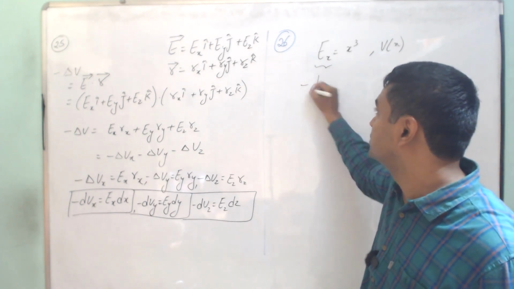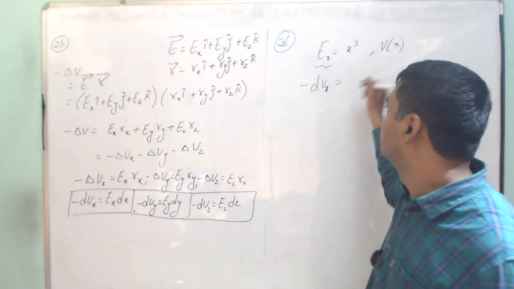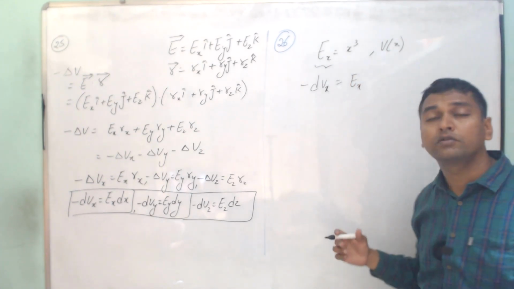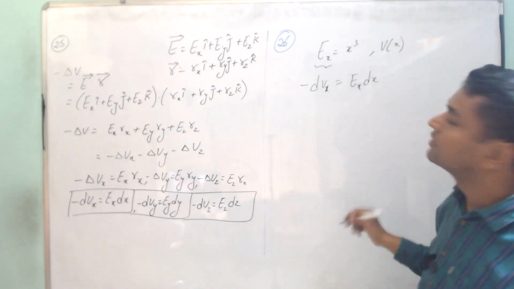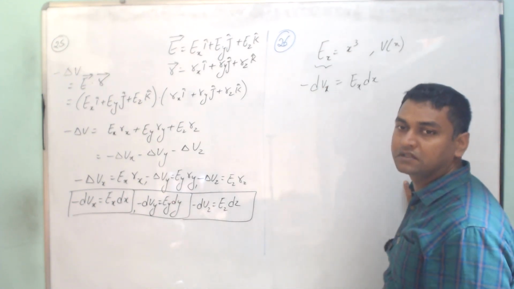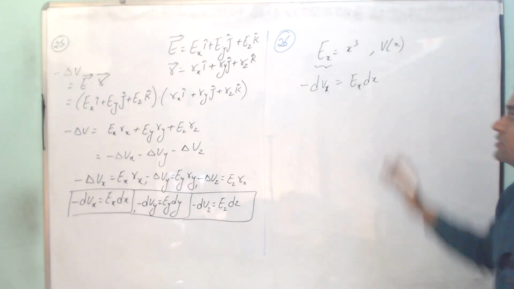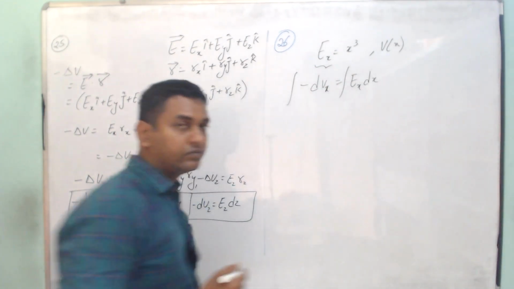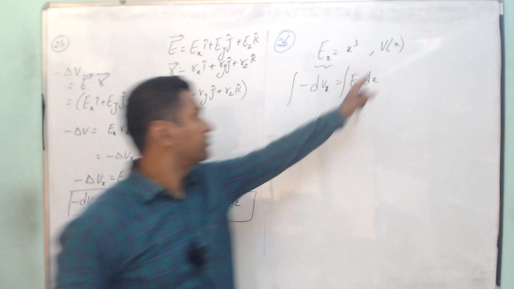Negative of change in potential along x direction, because the question is in x, is equal to the electric field along x direction, and I don't have to bother about the dot product because cos 0 is 1, into dx. So even if I don't remember that, I can still come to this. Next, we want potential as a function of x. So simply, I will say integrate on both sides. I integrate because I want Vx.